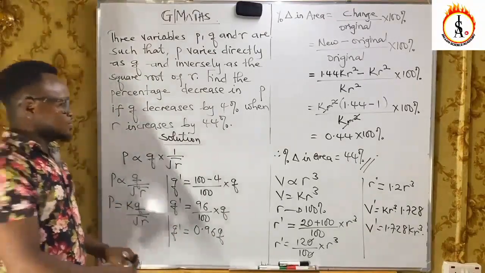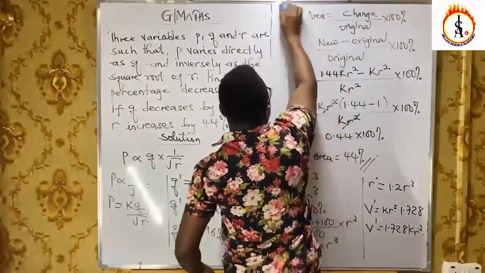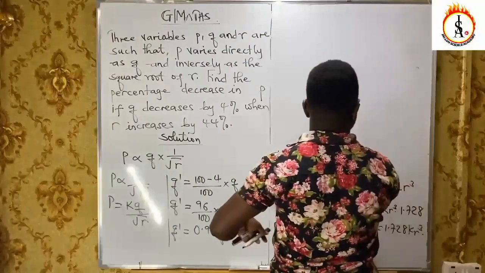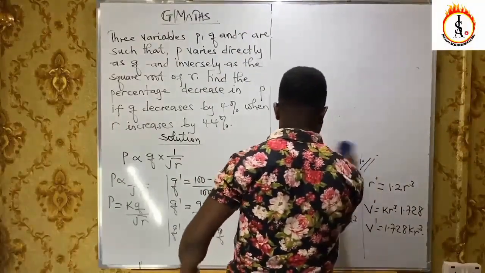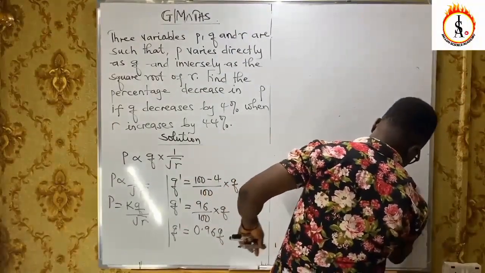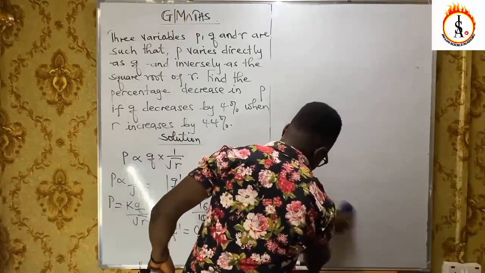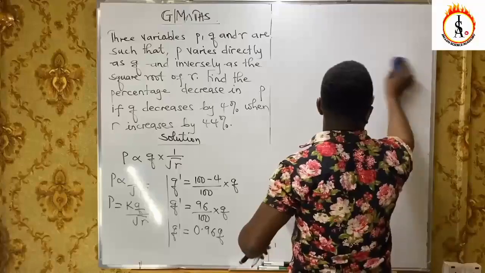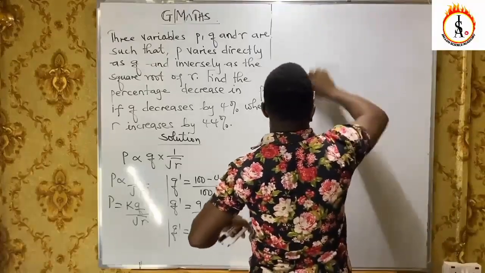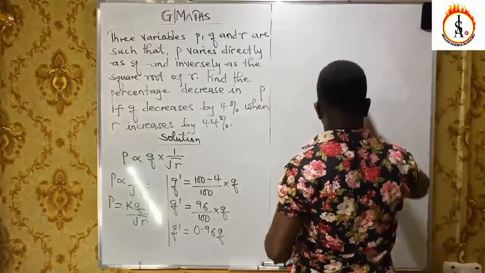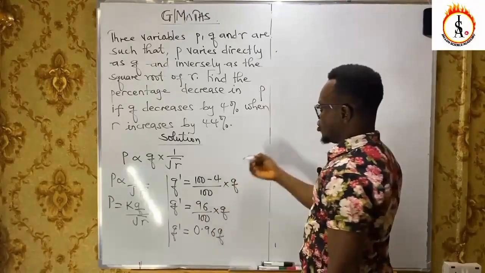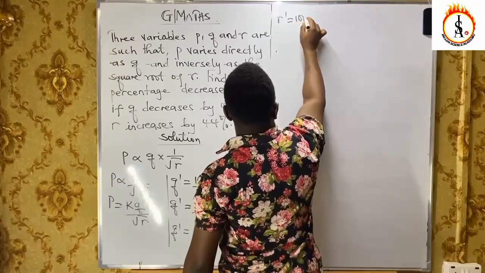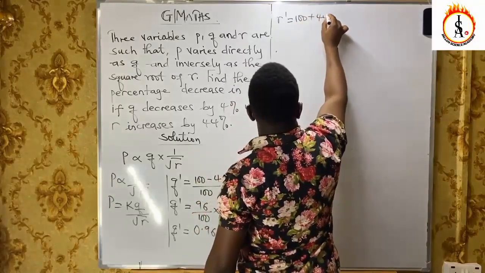Now let's go for our new R. So for us to get the new R, it's going to be R prime is equal to 100 plus 44.